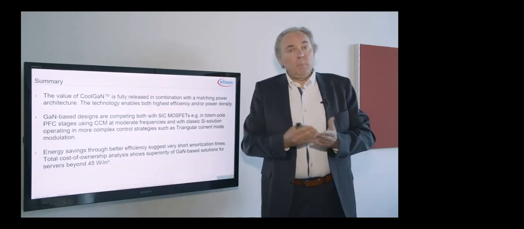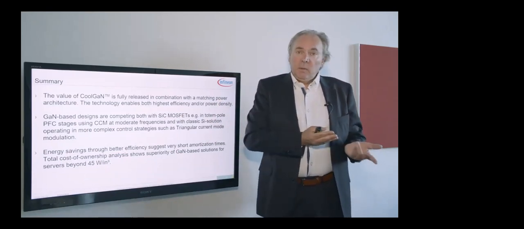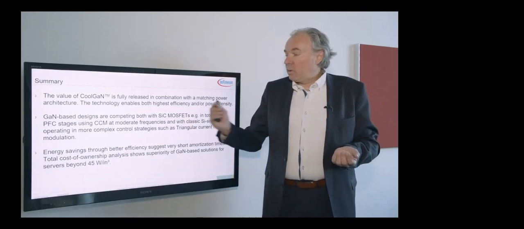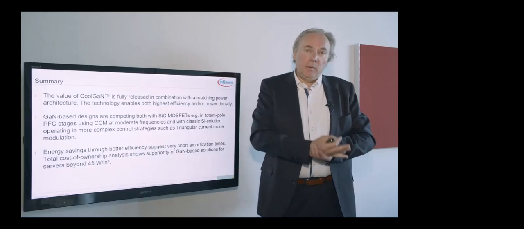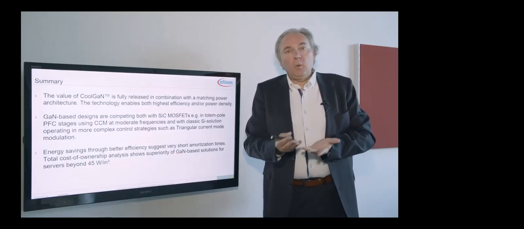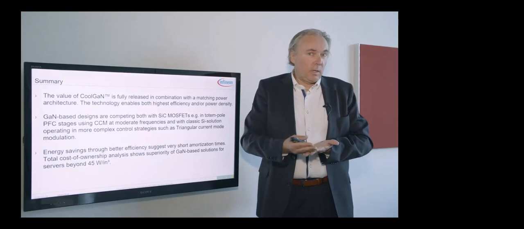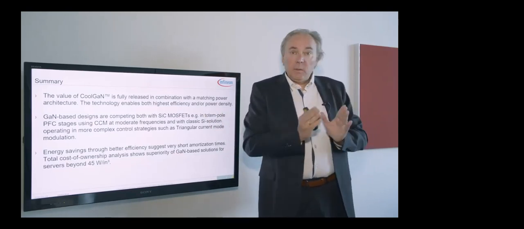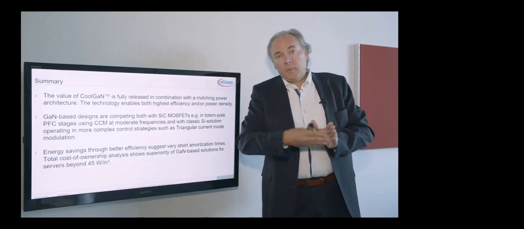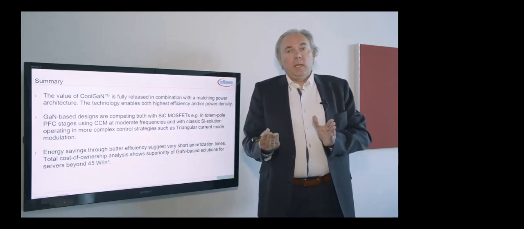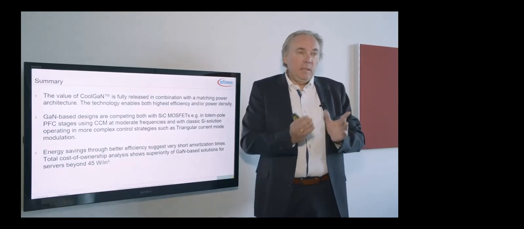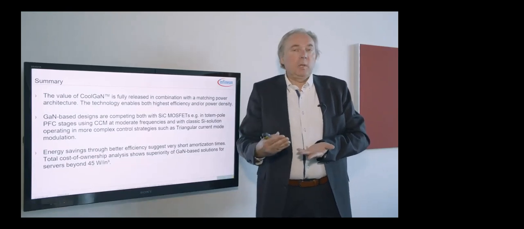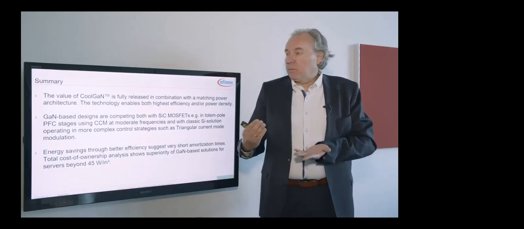Gallium nitride is competing with silicon on the one hand side. Silicon would typically have more complex control schemes, and it's competing with silicon carbide MOSFETs, specifically in the totem pole at relatively low switching frequencies, like 40 to 60 kilohertz. In our eyes, gallium nitride is already better at these low frequencies, but reveals its full potential at very high switching frequencies and is instrumental if you want to drive switching frequency towards 400 kilohertz plus up to 1 megahertz.